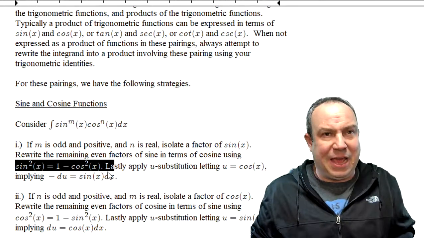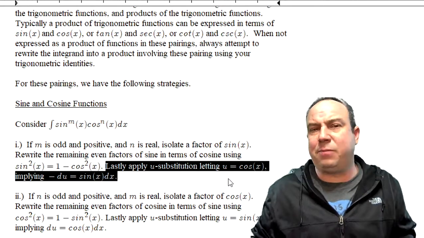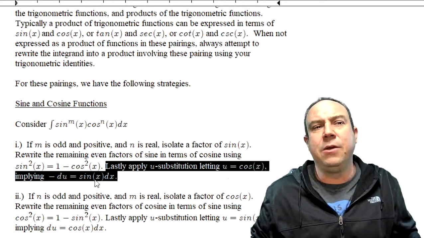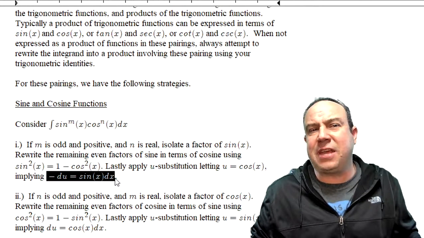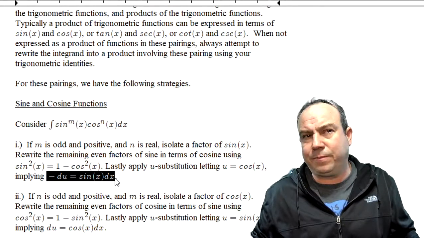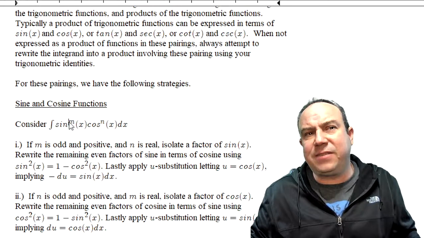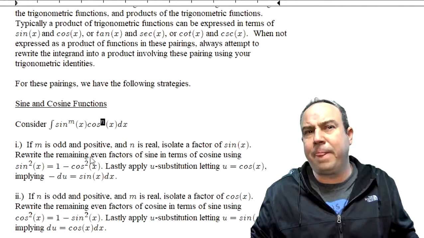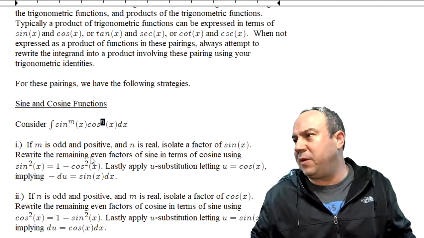And once done, we can then apply some u substitution, letting u equal cosine of x in this case, which will have the implications that negative du is equal to the sine dx in value. That's the case if this power of sine is odd and positive, and n is just any real number.